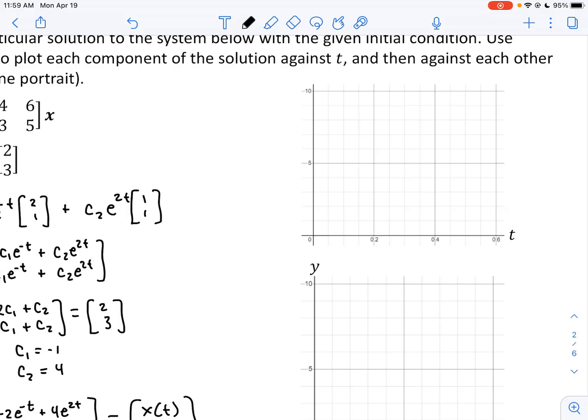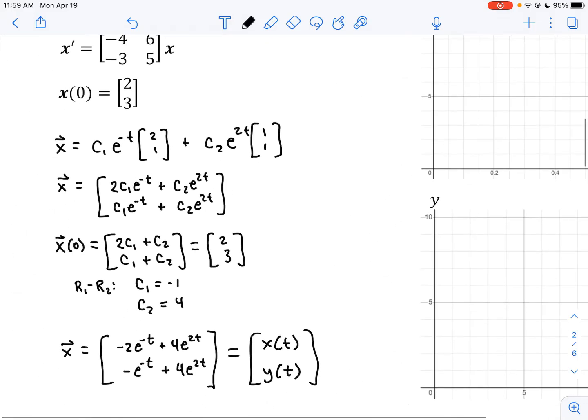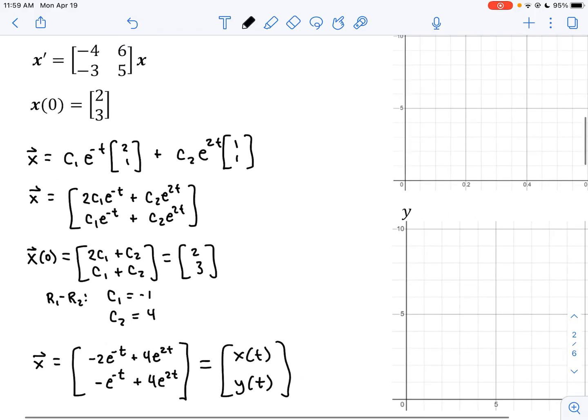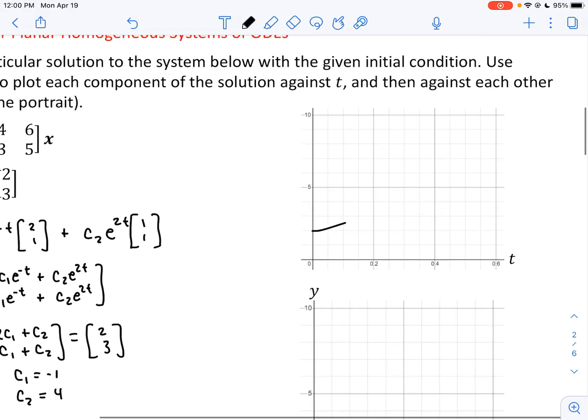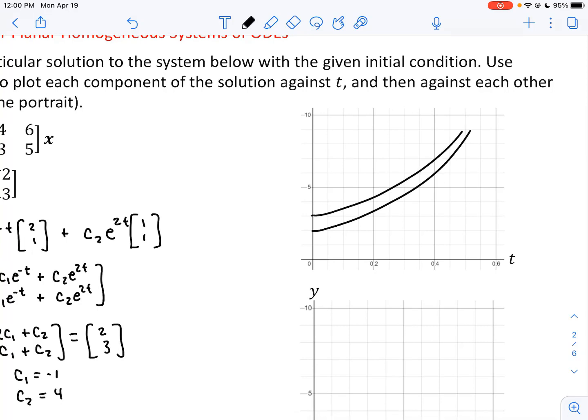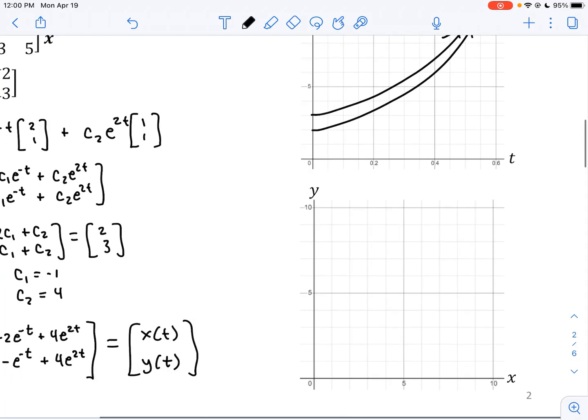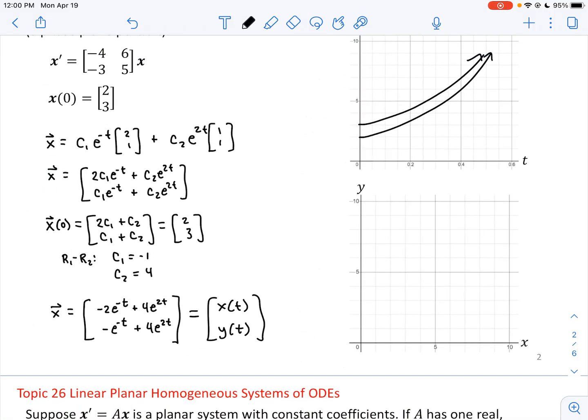You can do this by graphing it nicely in Desmos and importing it, or you can just roughly do this by hand. I'd be okay with that. Just draw some sort of curves like this and label which one's which, but you don't have to make these images perfect for your guided notes. But now we're after what would this image look like?